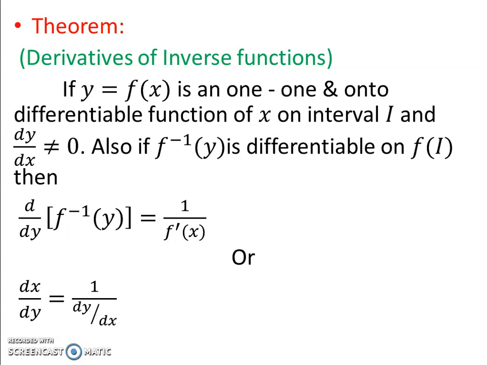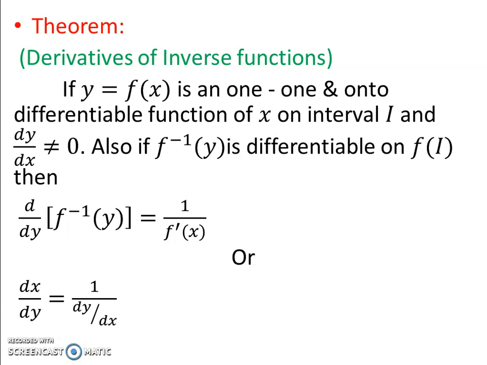Already we have seen the proof of the theorem in Zoom lectures, so I'll not go into the proof of this, but the last line, dx by dy equal to 1 upon dy by dx, is very important for us. Also, we have studied in Zoom lecture the derivatives of standard inverse trigonometric functions.